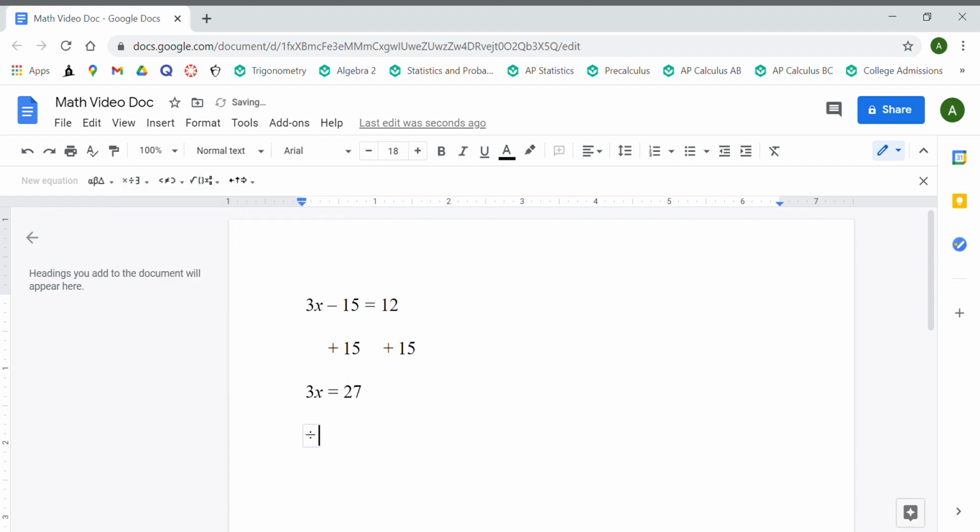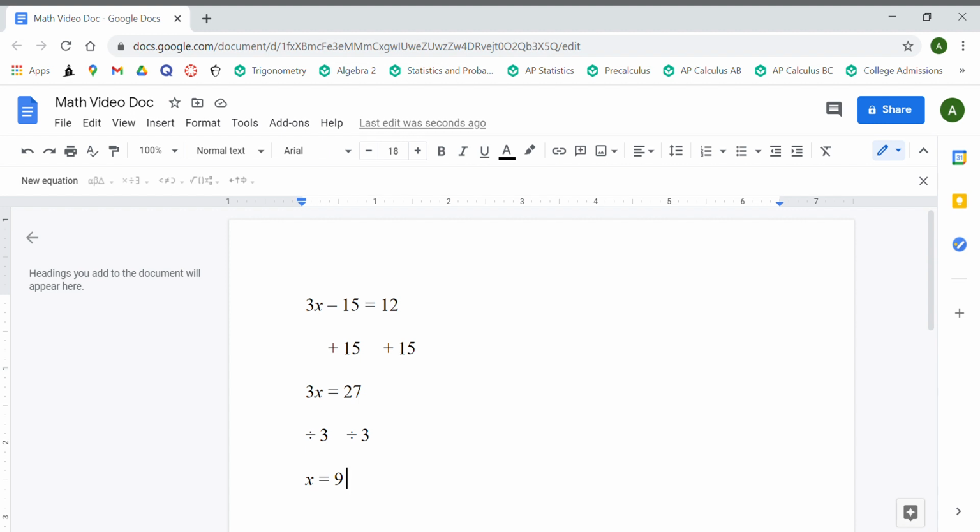So we must divide each term by 3 to get x by itself. And then you should have a final answer of x equals 27 divided by 3 equals 9. See? Just like that. Simple.